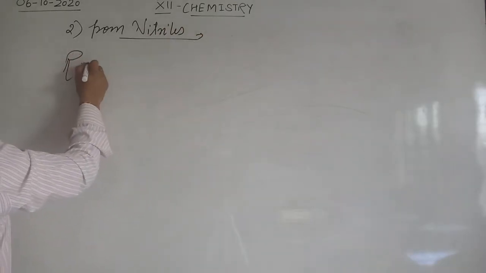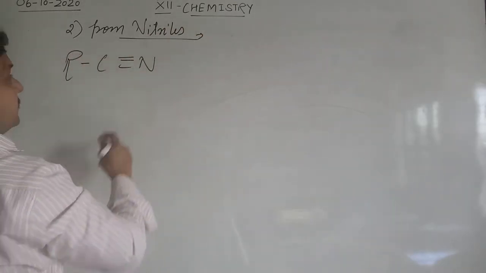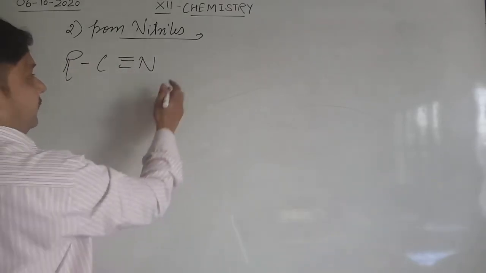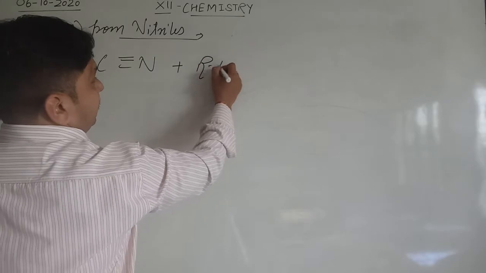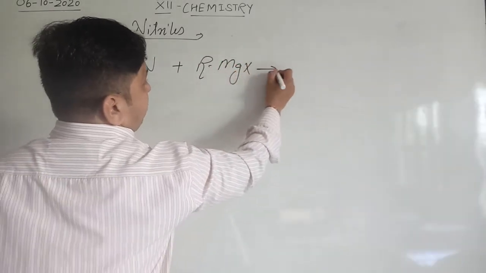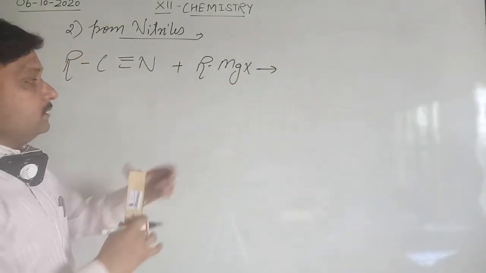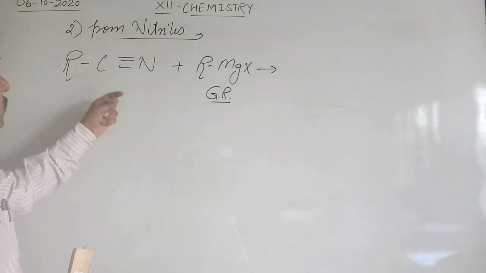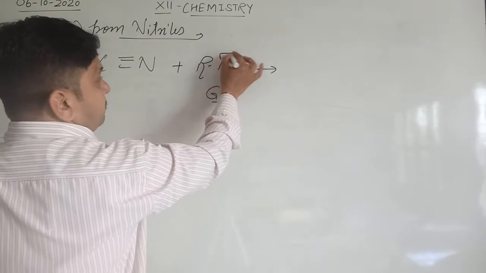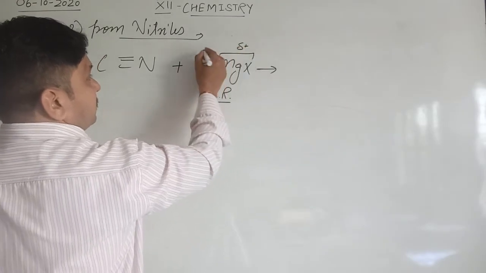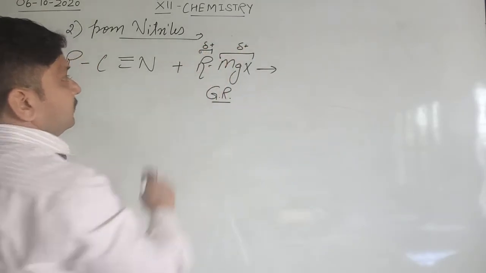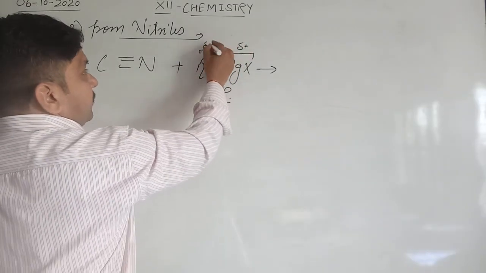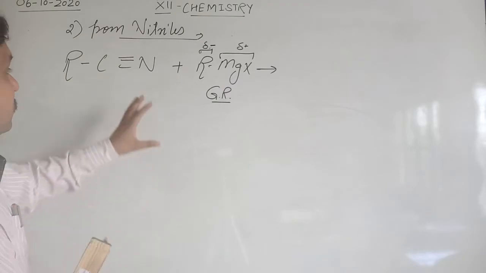So any nitrile is R-C triple bond N. This is the nitrile, or simply we can say cyanide. When this nitrile is reacted with RMgX, this is the Grignard reagent, first of all this end has the partially positive charge, and this has the partially negative charge.